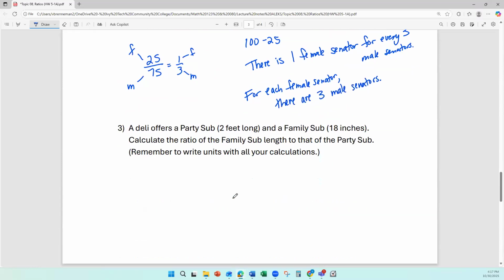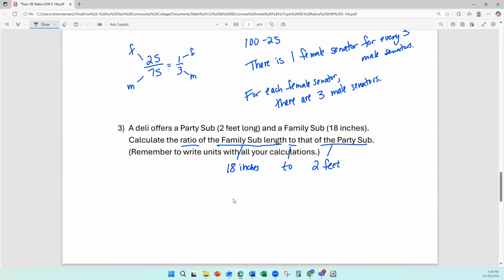And then number 3, we have a party sub that's 2 feet long versus a family sub that's 18 inches. If we want the ratio of, again, the family sub to the party sub lengths, then the family sub, 18 inches, to the party sub, 2 feet.